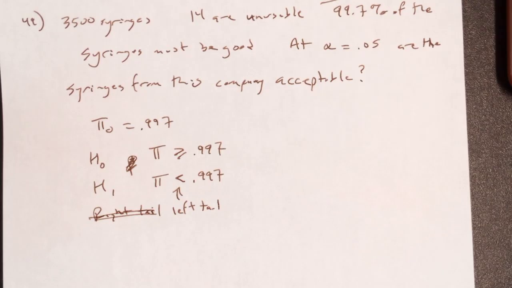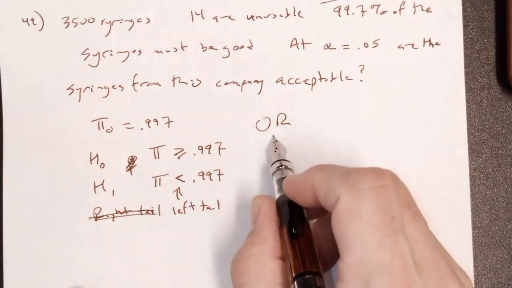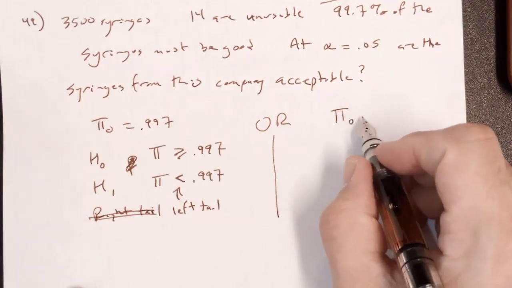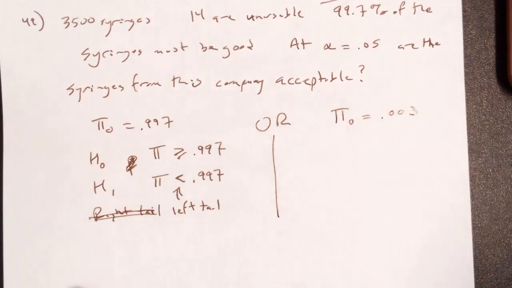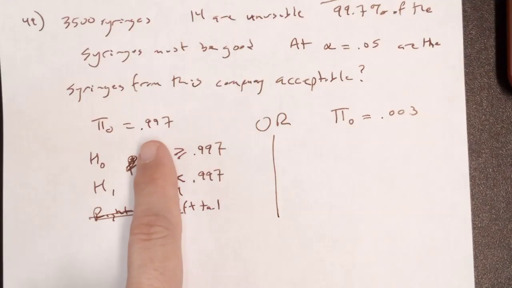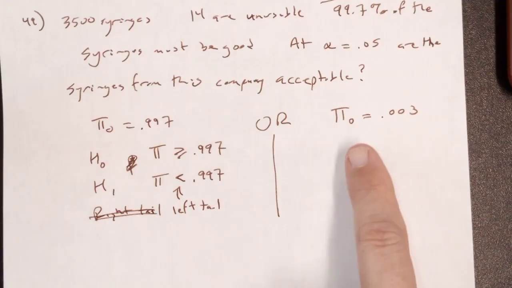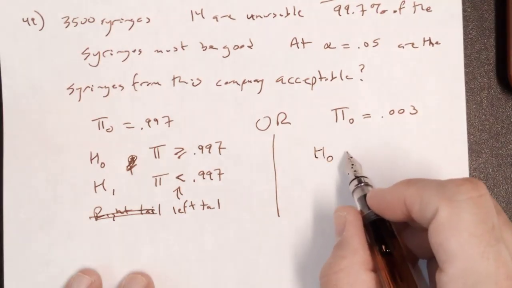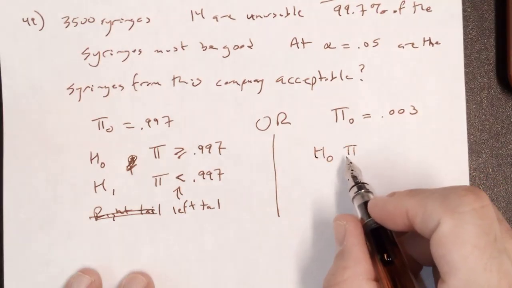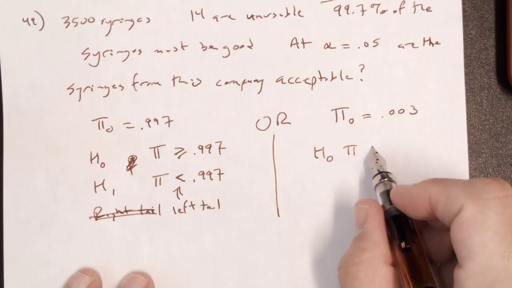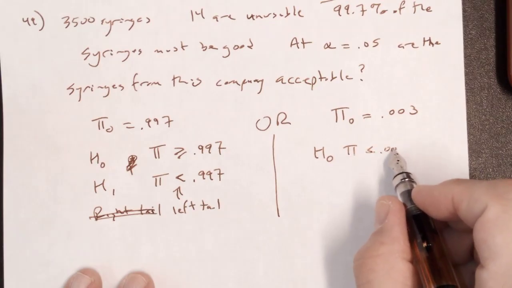If I set it up the other way, here I'm checking for how many good syringes I've got. Here I'm checking for how many bad syringes I've got. My null hypothesis will be that the proportion of bad syringes is less than or equal to 0.003.